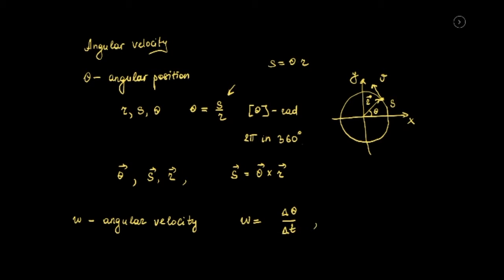We can also define the instantaneous angular velocity, omega with subscript i, where i means instantaneous: the limit as delta t goes to 0 of delta theta divided by delta t. Sometimes we can also denote this as d theta divided by dt.